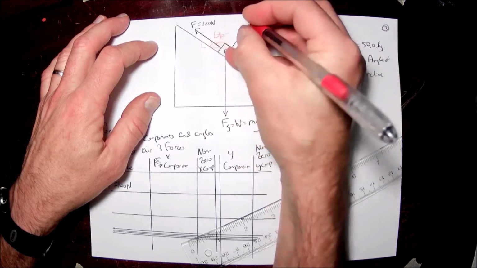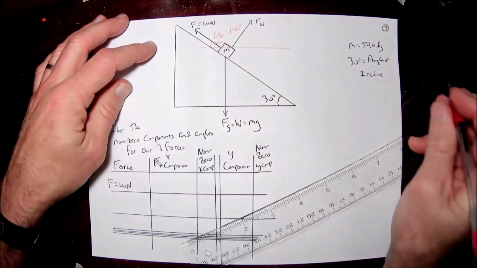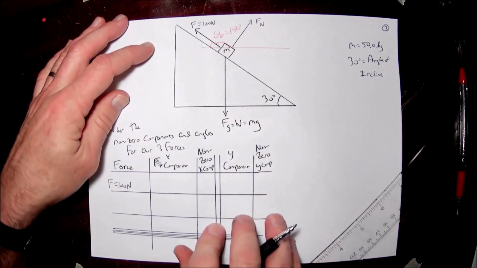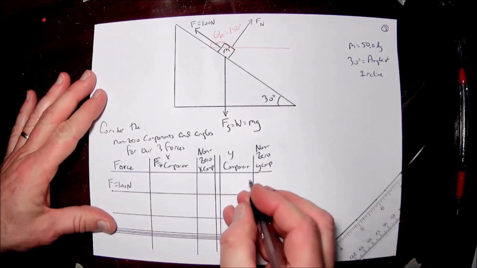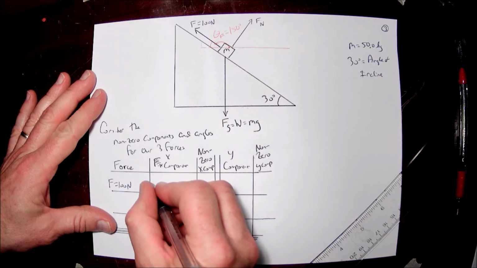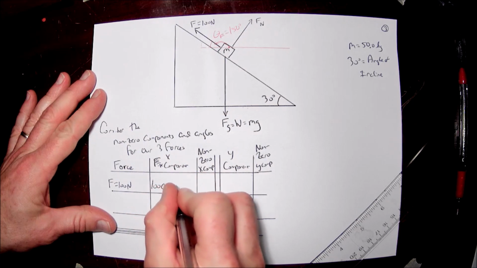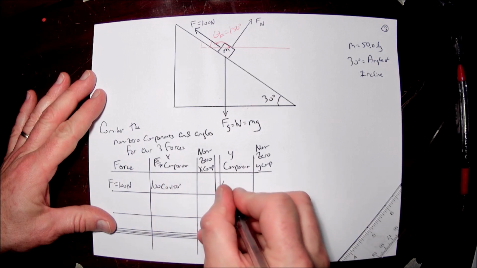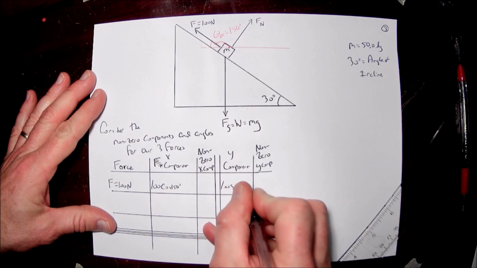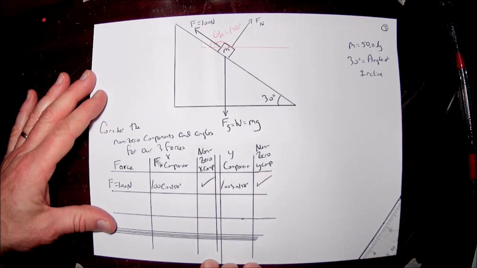So theta F is 150 degrees. So I'll know the X component and the Y component of this person's force of 100 newtons. It's 100 cosine 150, and 100 sine 150. Definitely non-zero for X and Y.